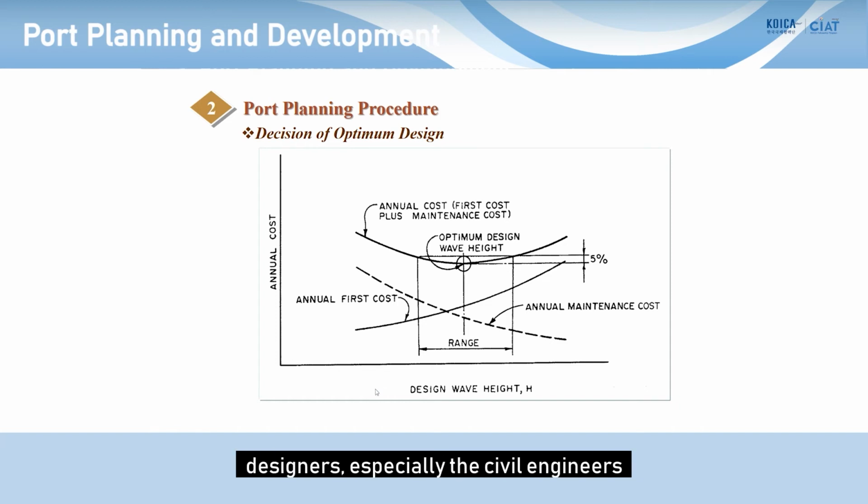But anyway, designers, especially civil engineers, work on the design wave to protect harbors, including water facilities, breakwaters, and other very useful structures. The design wave height selects the port structure and base in terms of annual cost here. The annual first cost will increase as the design wave height increases. Look at this line here.